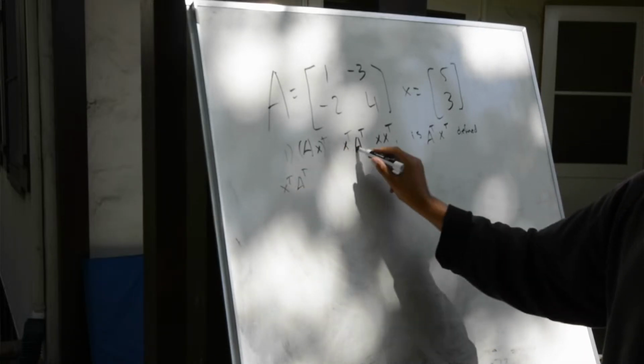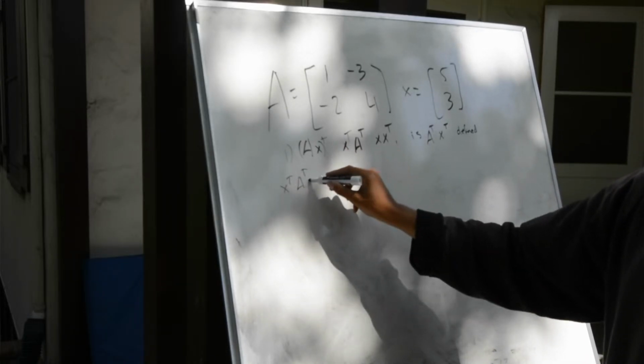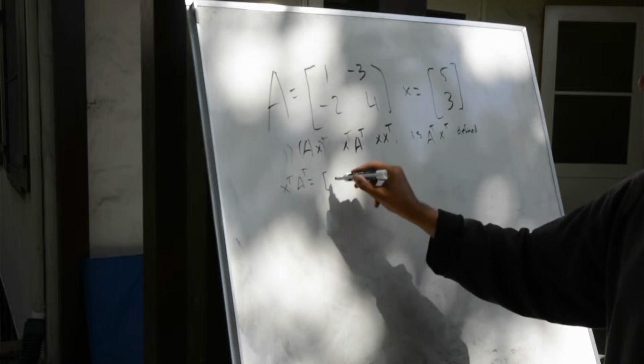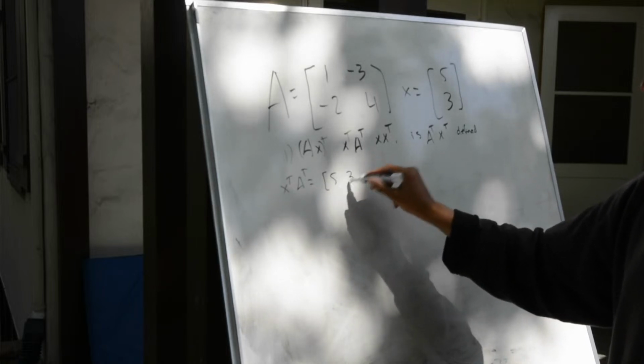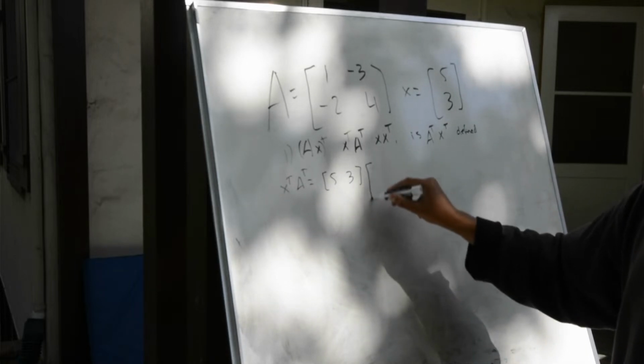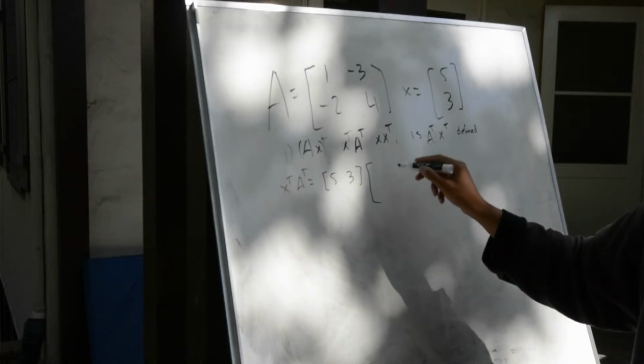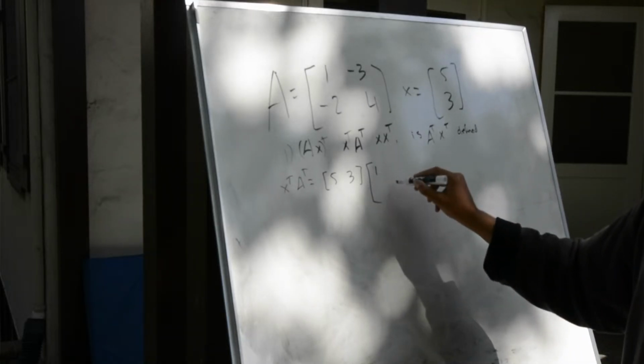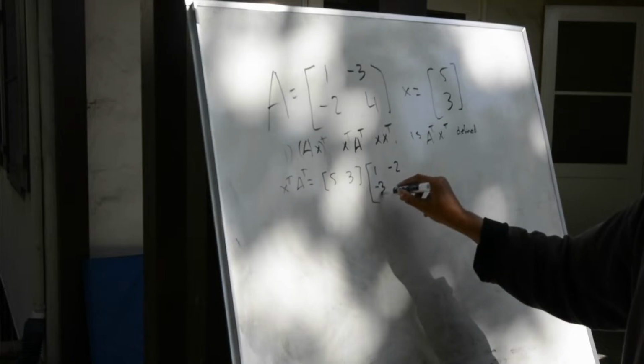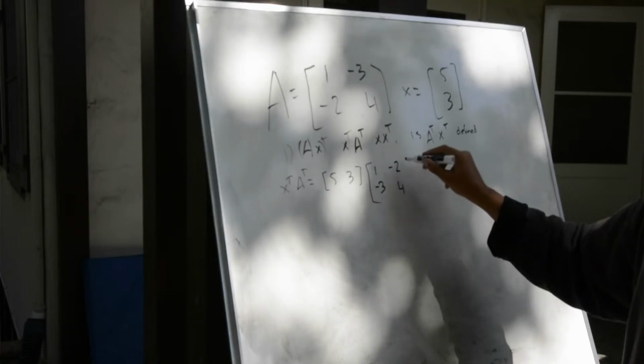So these two are equivalent by the theorem, but we're going to compute them. So this is going to be equal to 5, 3, times 1, minus 2, minus 3, 4.